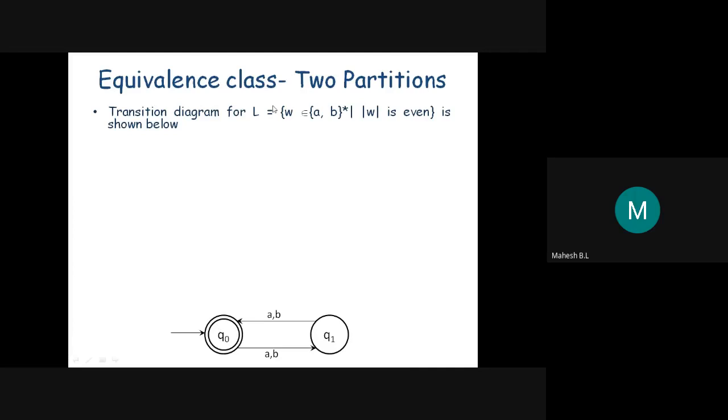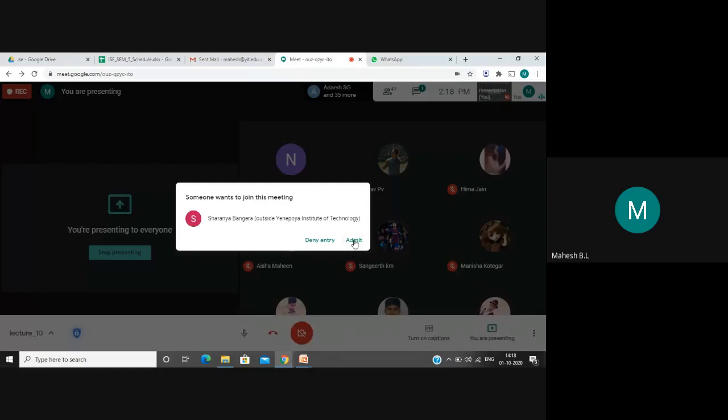That means for this language, there are two equivalence classes. One equivalence class represents the set of strings which are a part of the language. Another equivalence class represents the set of strings which are not a part of L. So two states means there are two equivalence classes.